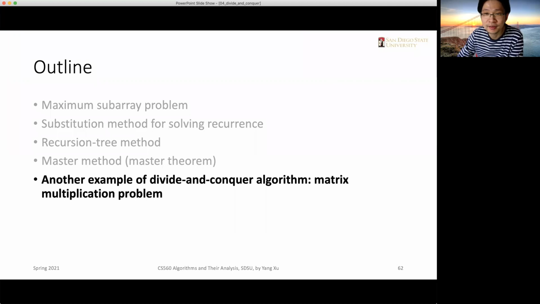So today will be our last class meeting for the divide and conquer algorithms.